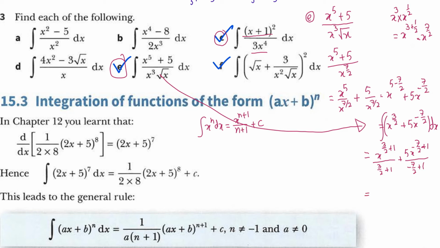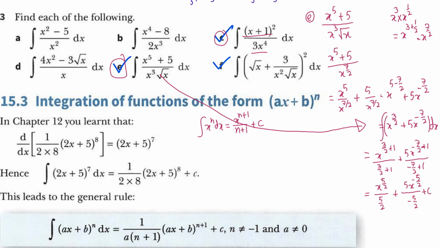So if we add that 2, from here we got 3 by 2 plus 1, which is 5 over 2, and the denominator is also 5 over 2, and here we got 5 x to the power minus 7 plus 2, which is minus 5 over 2, and its denominator is also minus 5 over 2, plus c.